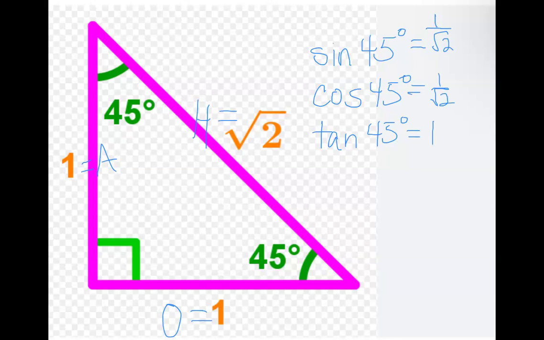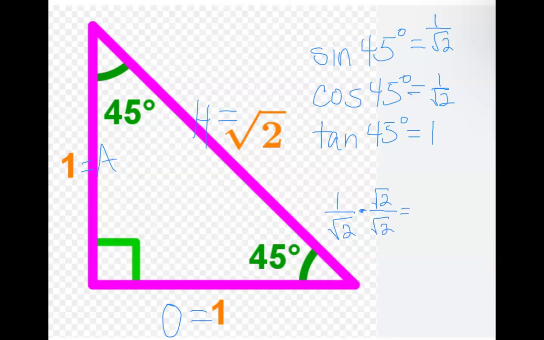Okay, now again, we can't have a square root in the denominator, so we're going to have to rationalize the denominator. So we're going to go 1 over square root of 2, and this time, we're going to multiply by a form of 1 using square root of 2. So square root of 2 over square root of 2.